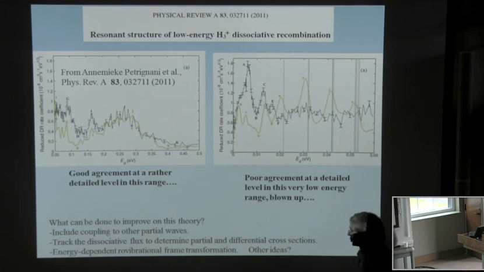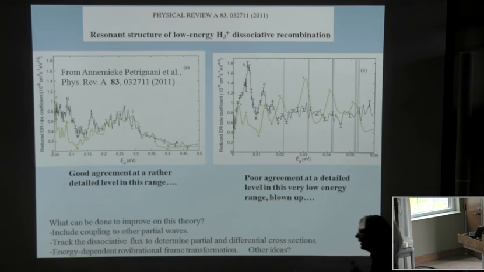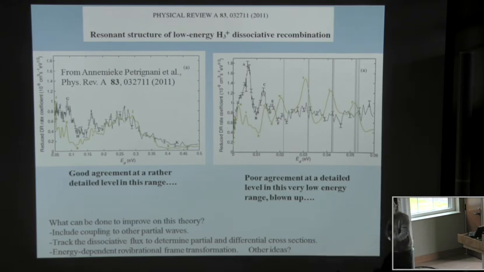And so you have to choose an energy to use for your body frame scattering information. Well, we've kind of developed prescriptions over the years, but this is certainly not an exact science, and it's not clear that this will always work, and there will probably be cases where you have to explicitly go beyond the frame transformation, have to explicitly really solve for the correlated electronic and nuclear motion.